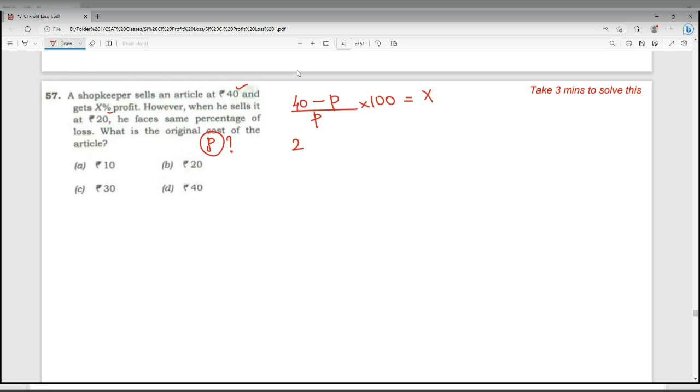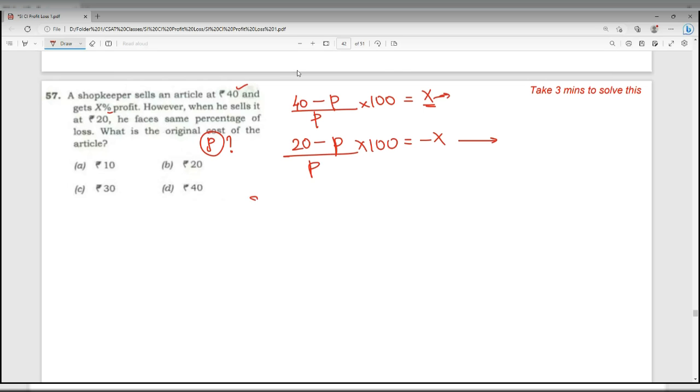So when he is selling at 20, he would experience the same percentage loss, which is minus X. And now we need to find P. So what we can do here is we'll simplify this equation and then equate, or directly equate this here. We know X is this, minus X is this much. So instead of X, in this equation, I substitute the value of X.